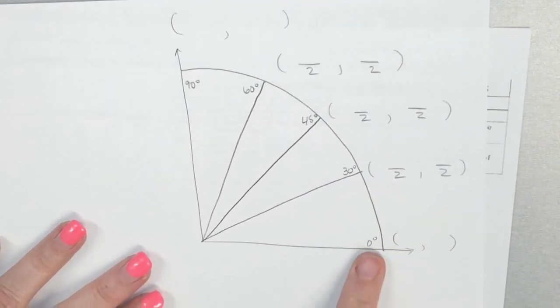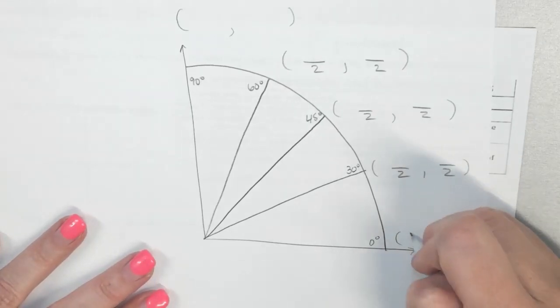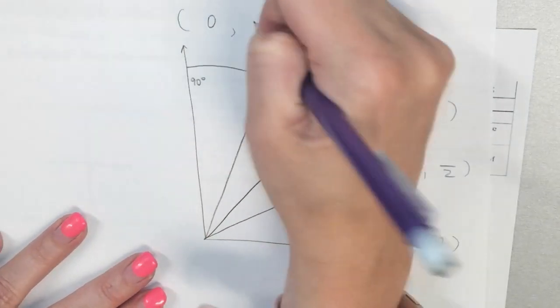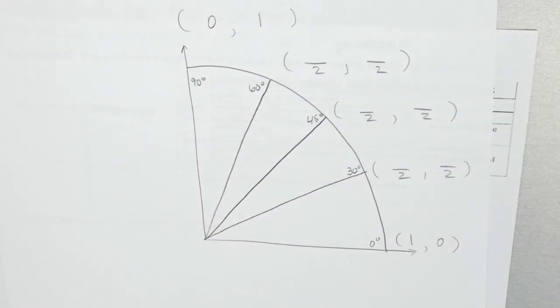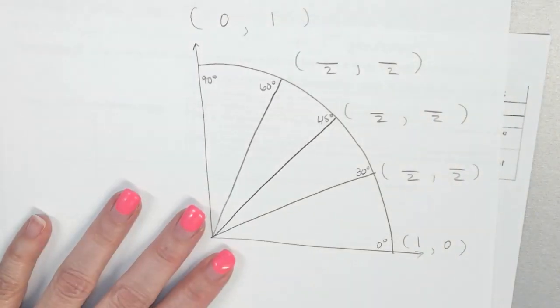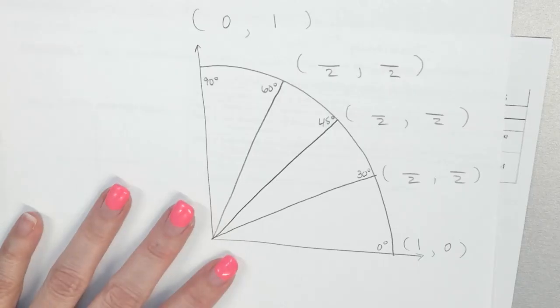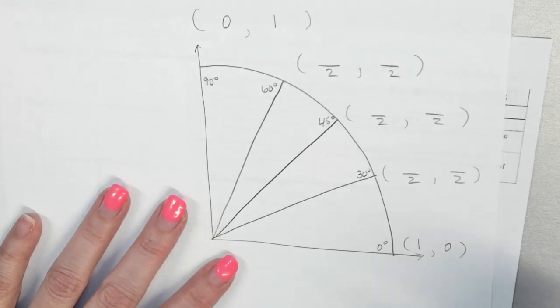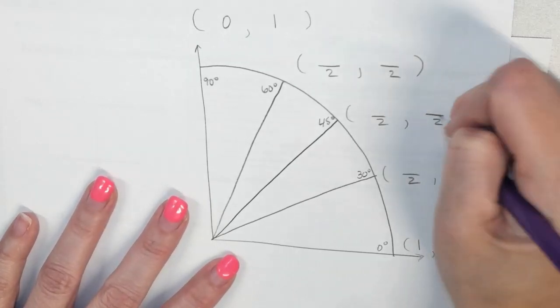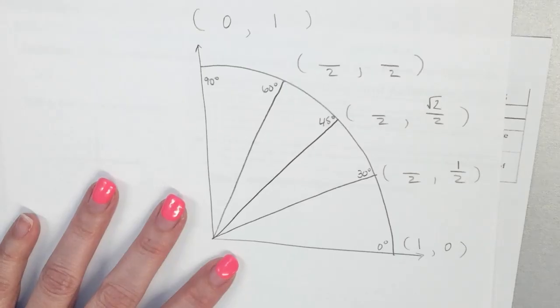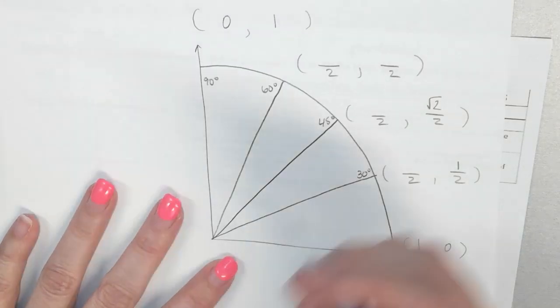Okay, we talked about how the radius is 1, so that makes this 1, 0, and that makes this 0, 1. And then do you guys remember the pattern going up here? Yeah, it has the 3, 2, 1, or if you start at 0, the square root of 0 is 0, square root of 1 is 1, square root of 2 is a decimal, so we keep it, square root of 3.